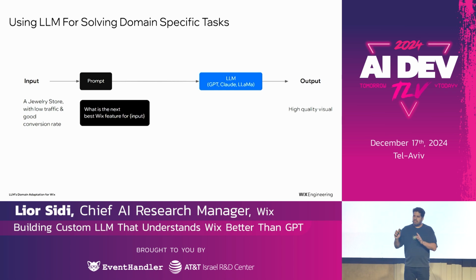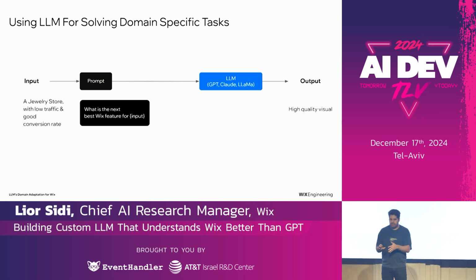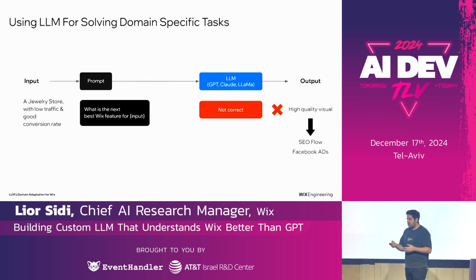You can add visuals to your website, but it's not really relevant to the user. The user already has a good conversion rate. It's all about getting more traffic. So instead of good visuals, we want to improve the SEO, we want Facebook ads. Basically, totally wrong business logic behind these LLMs. And I hope this is not new for most of you.